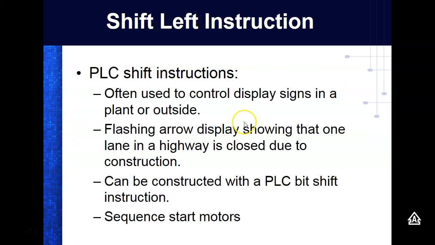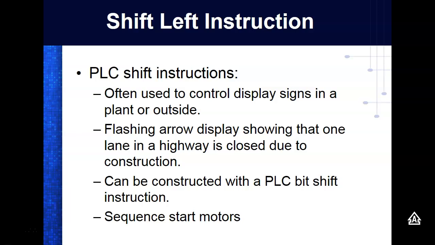We have little half horsepower motors up here, three-phase motors up here. So bit shift left and bit shift right are often used to control display signs, like flashing arrows showing one lane closed. They can be constructed with the shift instructions.